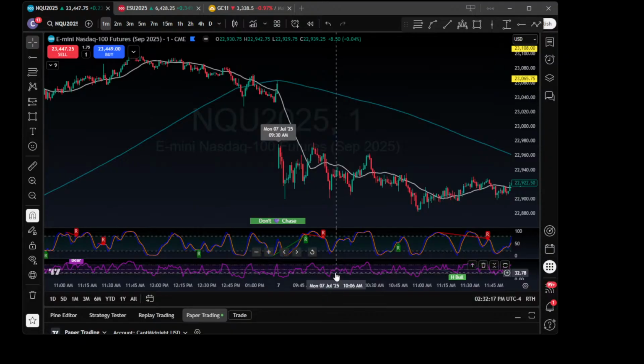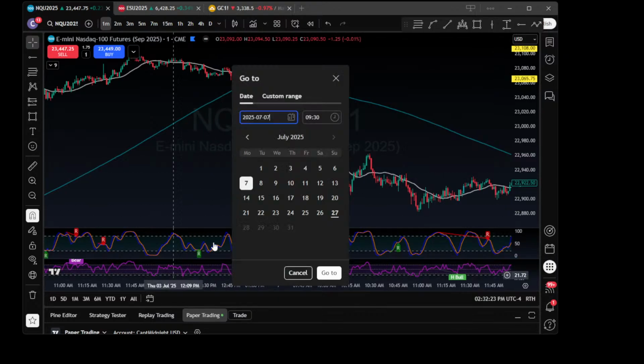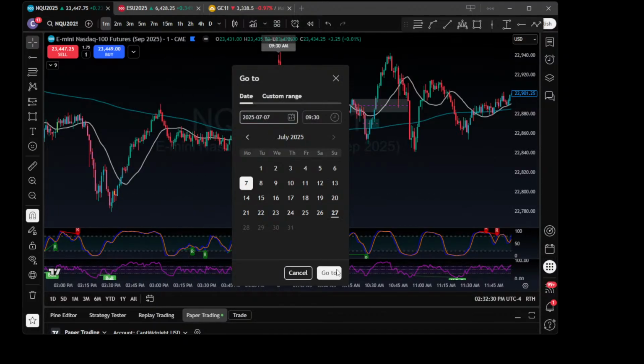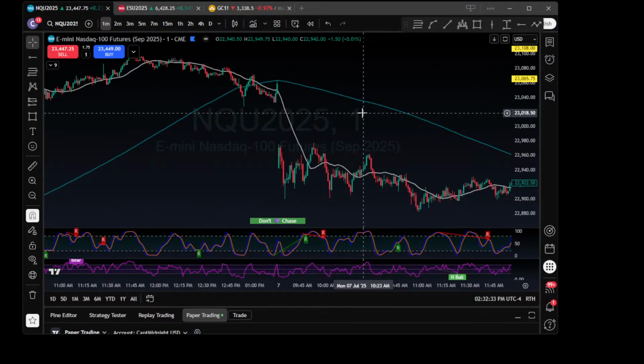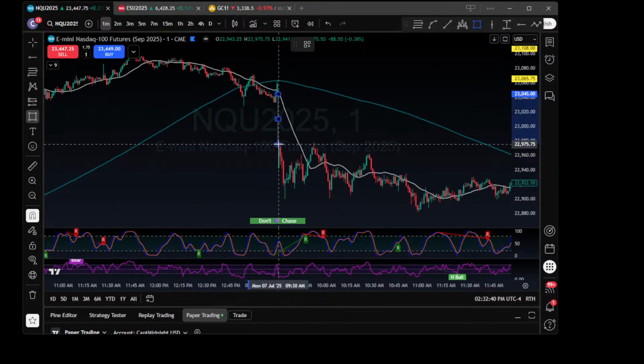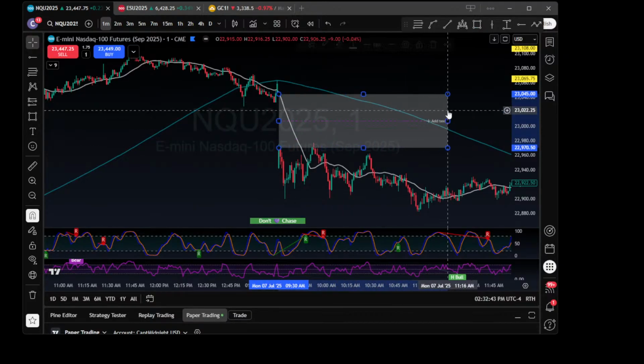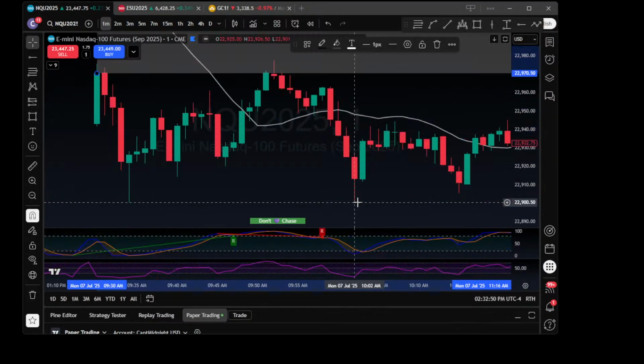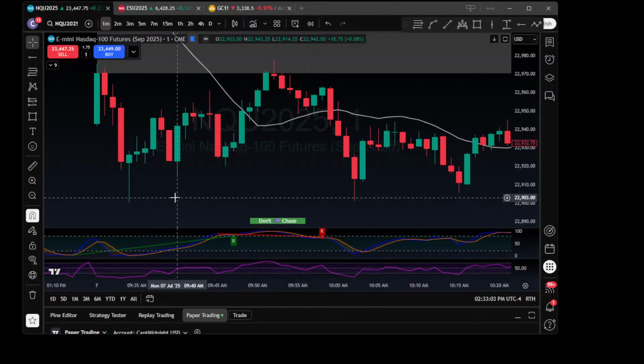7th. Another big one here, huh? See, it's making really tiny fair value gaps, and I don't take those tiny ones.